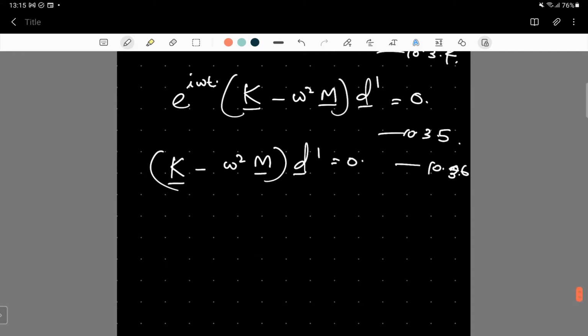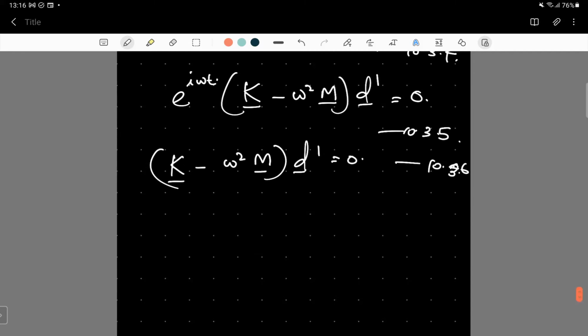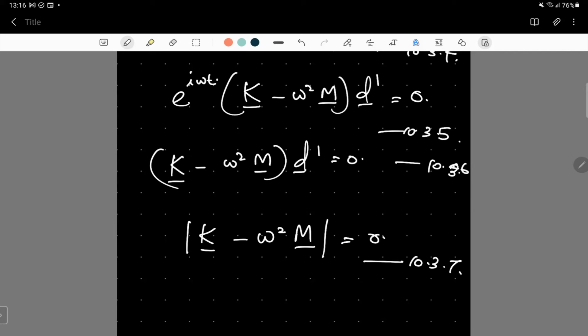So the solution for this equation is that the determinant of the coefficient matrix of d dash has to be 0 in order for this function to be 0. We know this equation represents n algebraic equations, where n refers to the number of degrees of freedom associated with the problem.